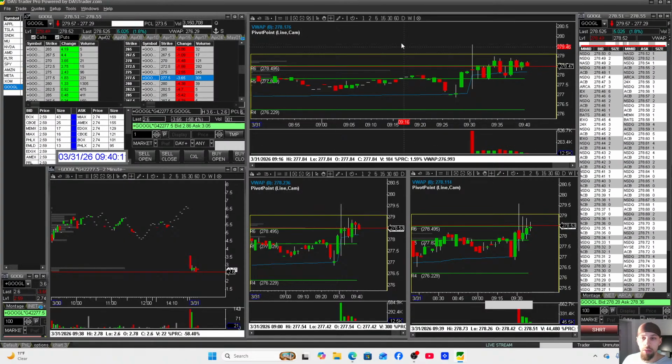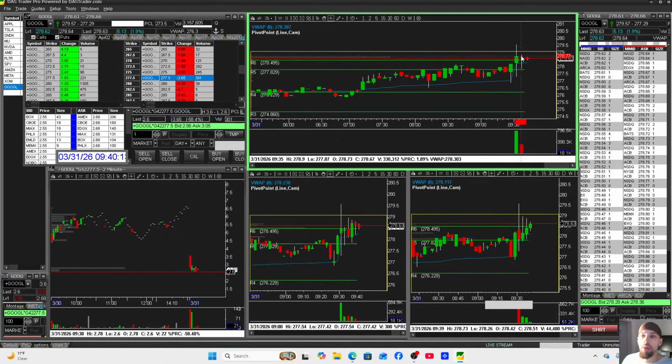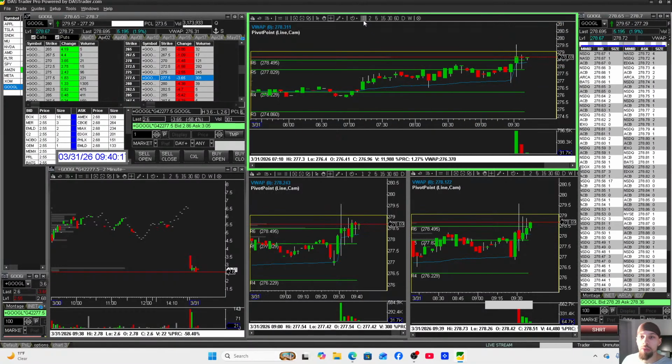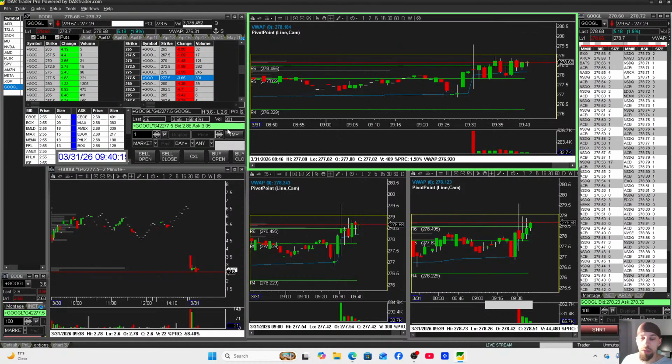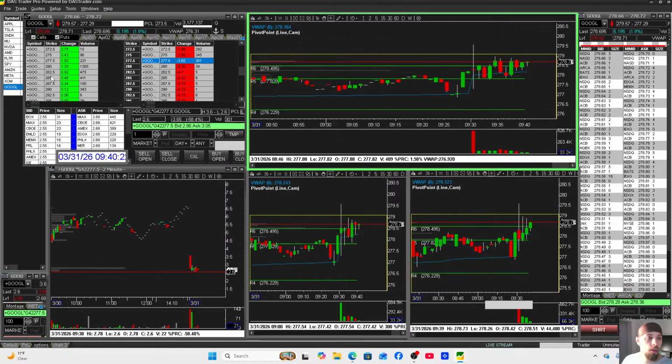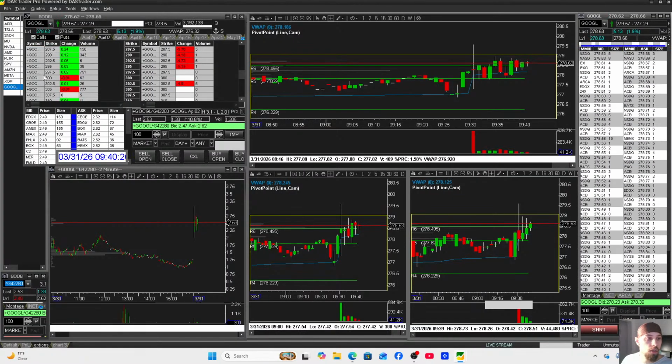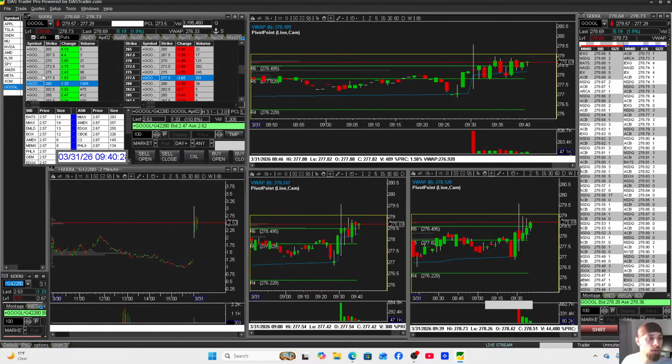Google's 5 minute chart, a little bit of hammer here, so it's holding above R6. Might be good for a long actually. It's holding it nicely.